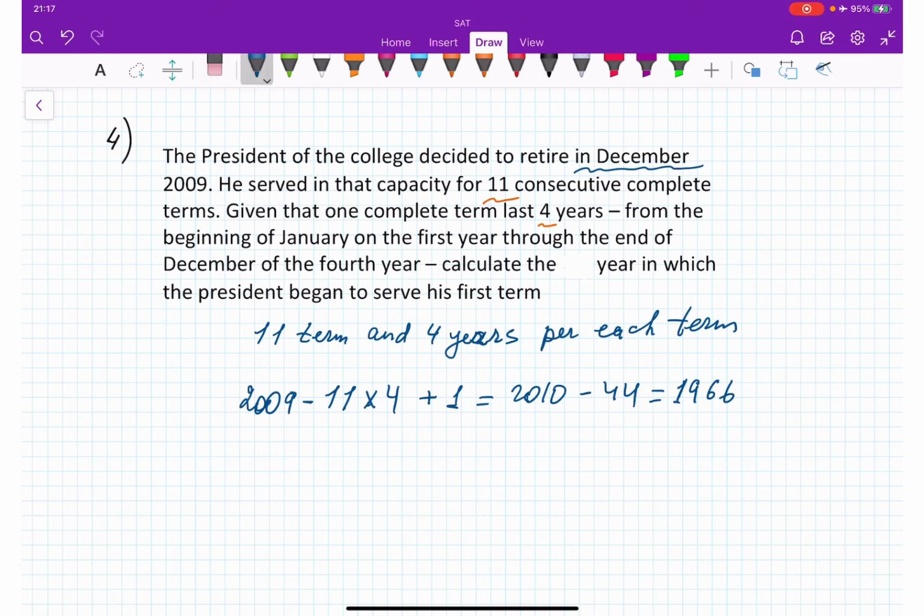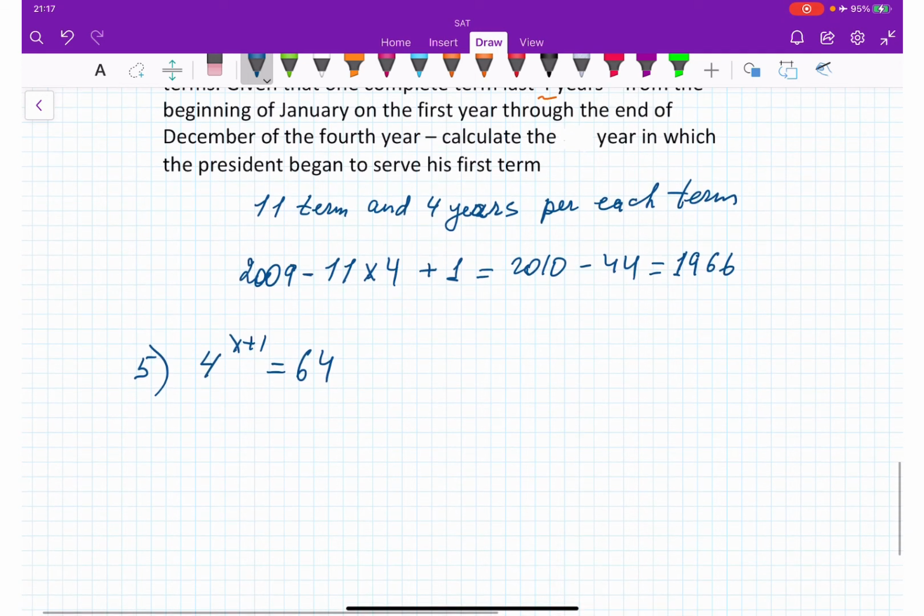Okay? And one more. We have 4 to the power x plus 1 equals 64. We need to solve it. Okay, so we are going to work this problem based on this: if a to the power x is equal to a to the power y, since the base is the same, a, then x has to be equal to y.